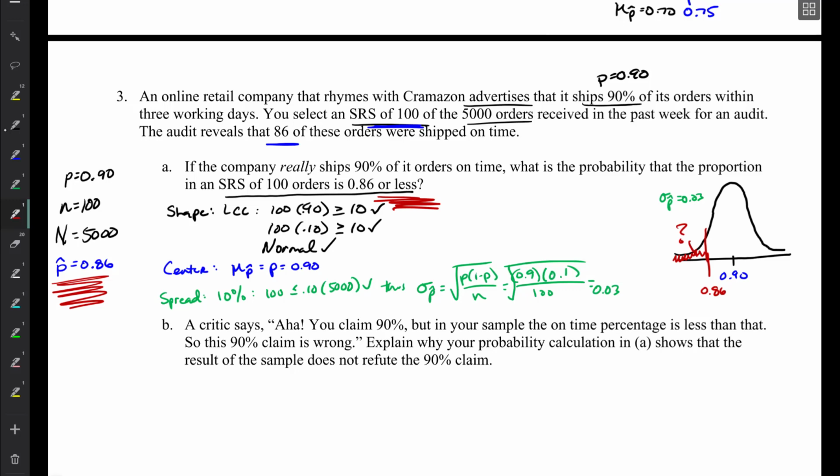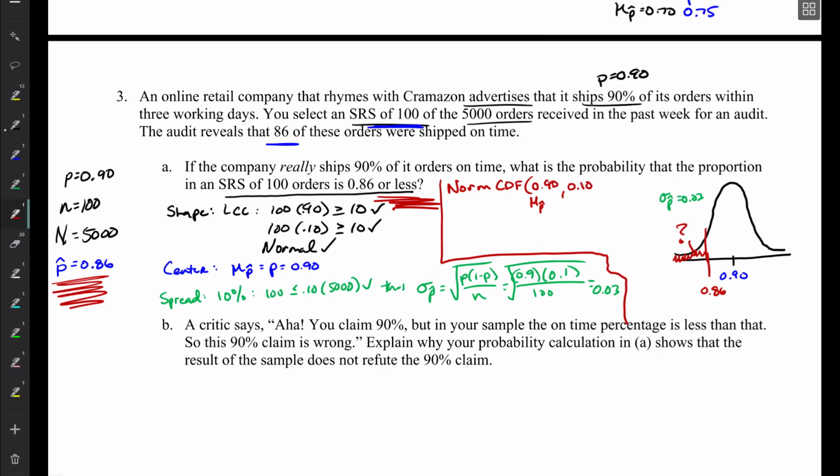Okay, well, if I go to a norm CDF calculator, I can see that 86% is going to be my upper bound this time, and my lower bound goes all the way to negative infinity. So here we'll block everything off so we're very clear what we're doing. Now we've got a norm CDF calculation with a mean of 0.9, where that's mu sub p hat.